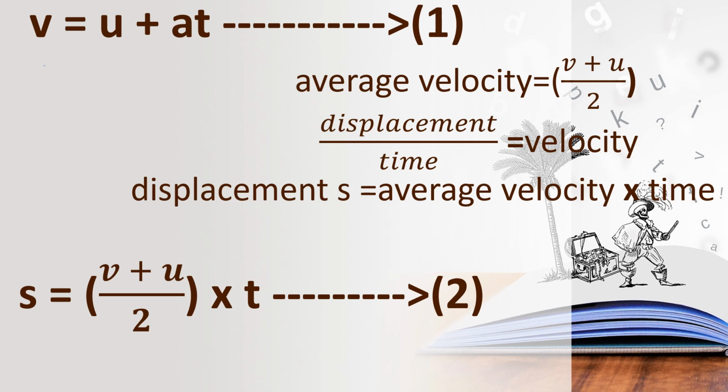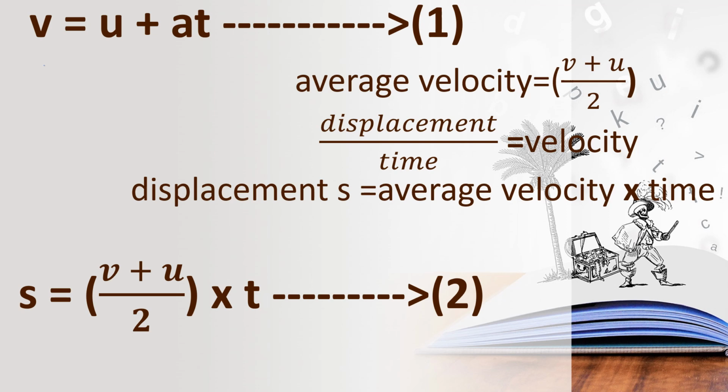So displacement S equal to average velocity into time. What is the symbol for displacement? Small s. So average velocity we already have, V plus U upon 2, children. So S equal to V plus U upon 2 into T. That is the second equation.